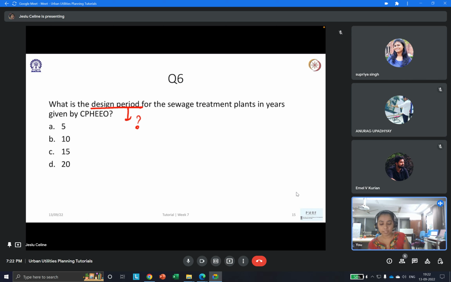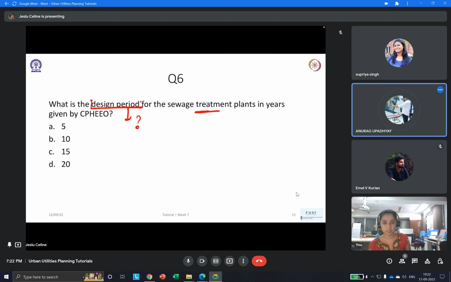Since we're mainly talking about the treatment plant here, sewage treatment plants never get full, because you're actually treating it and then it's going out, right? You have continuous monitoring, and we also talk about how it should be maintained and when it should be cleaned. Design period is basically more about functionality. It should be operational for that period.